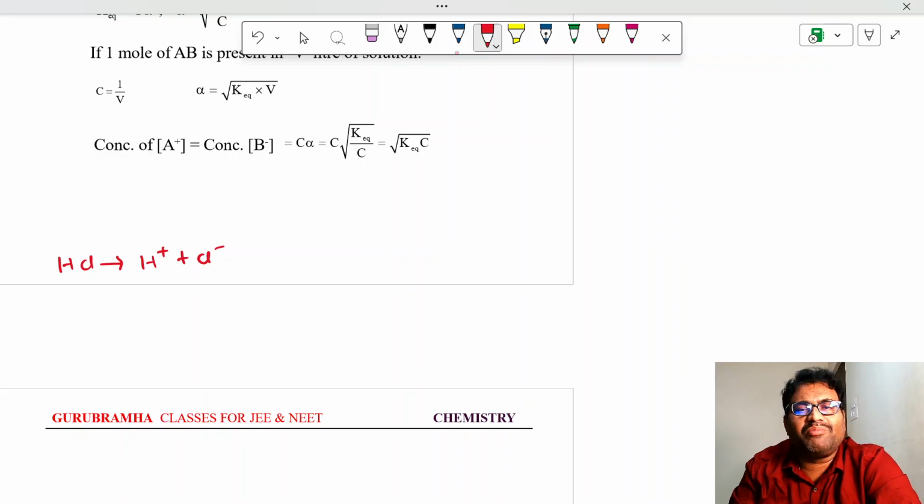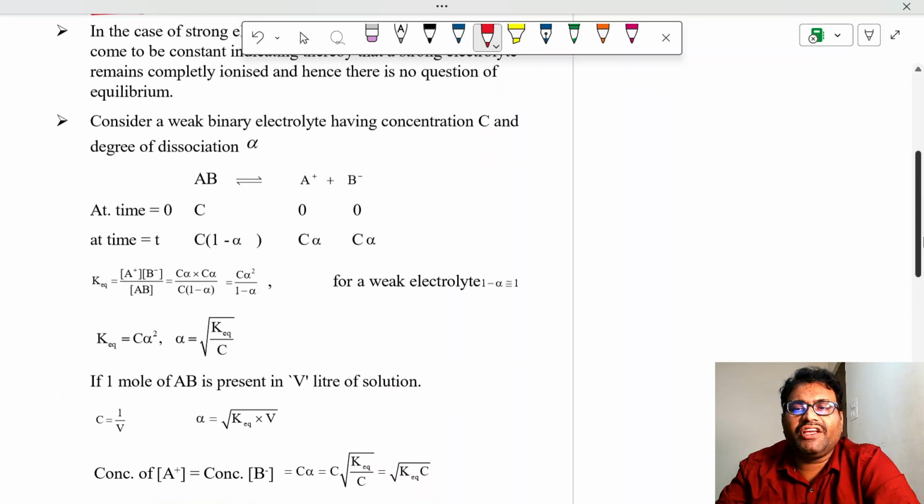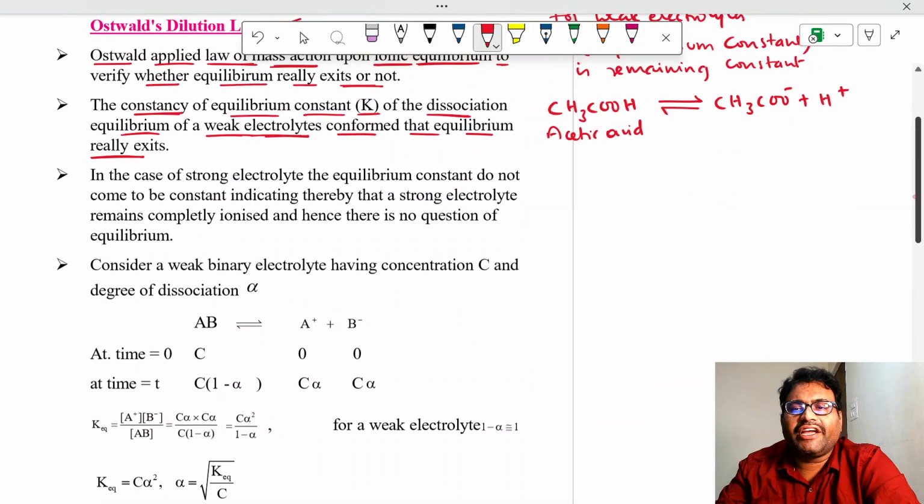It dissociates completely. It happens only in one direction, the forward direction. NaOH I have mentioned, it is a strong electrolyte. Strong electrolyte means Na plus and OH minus, only one direction. But when it is a weak electrolyte, there will be equilibrium existing.